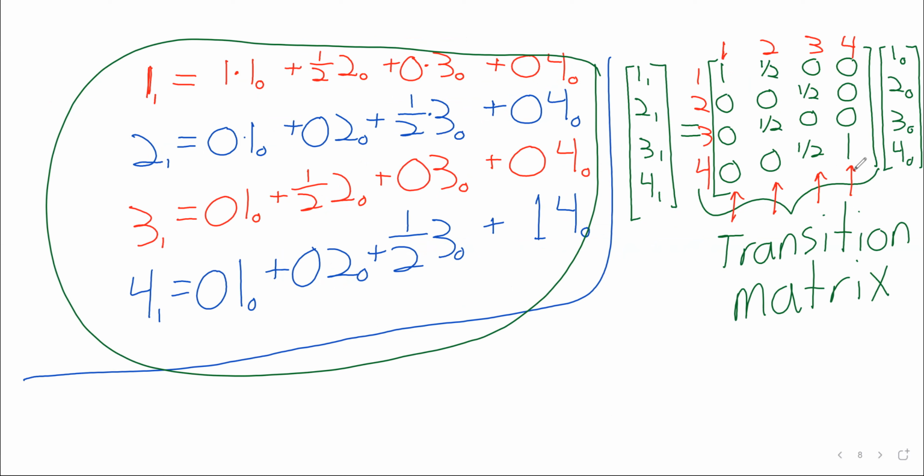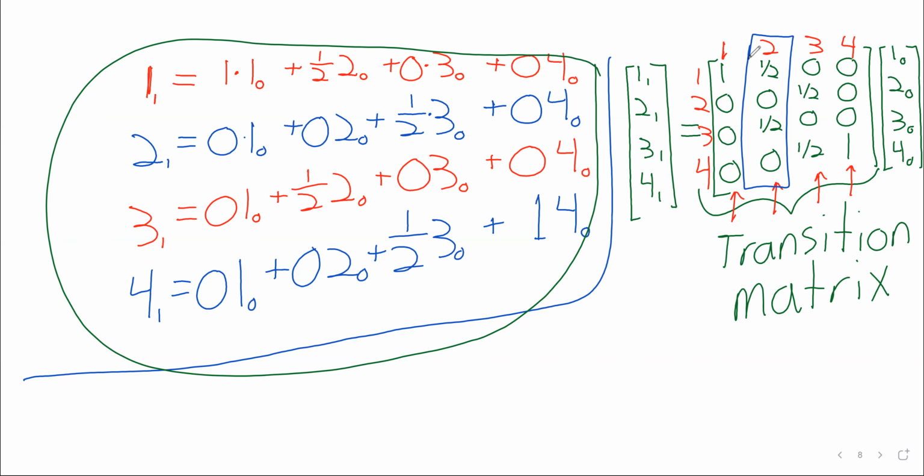And to see where that comes from, remember what the columns of this matrix represent. The columns represent the probability that if we are at 2, we transition somewhere.